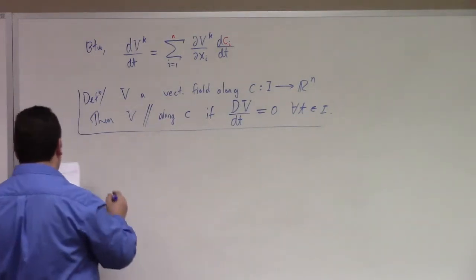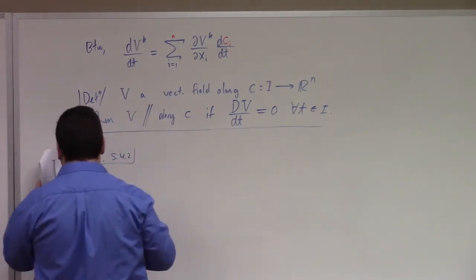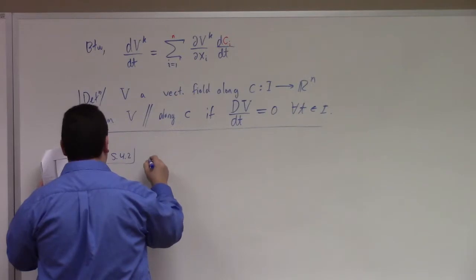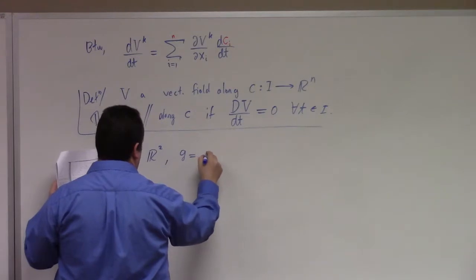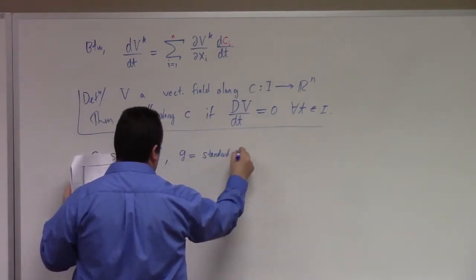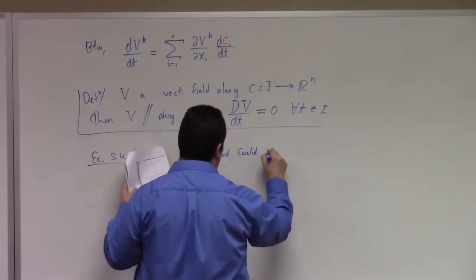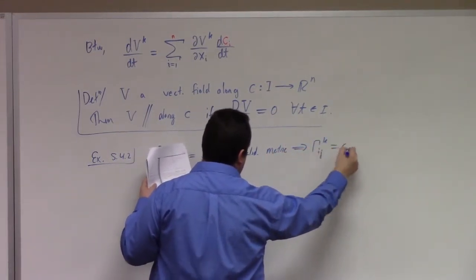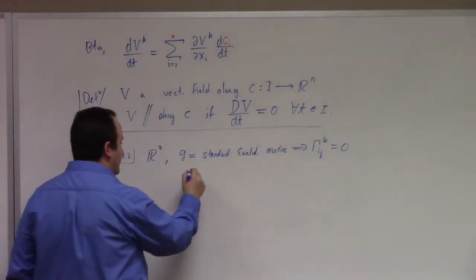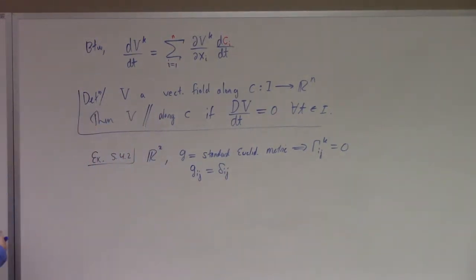So, example 5.4.2, which I think I already went through, basically points out that for R^2 with g equal to the standard Euclidean metric, that implies that the Gamma^i_jk are all 0 because the metric is constant. I mean, g_ij is actually delta_ij in this case. And so the condition big D V/dt simplifies to just what?